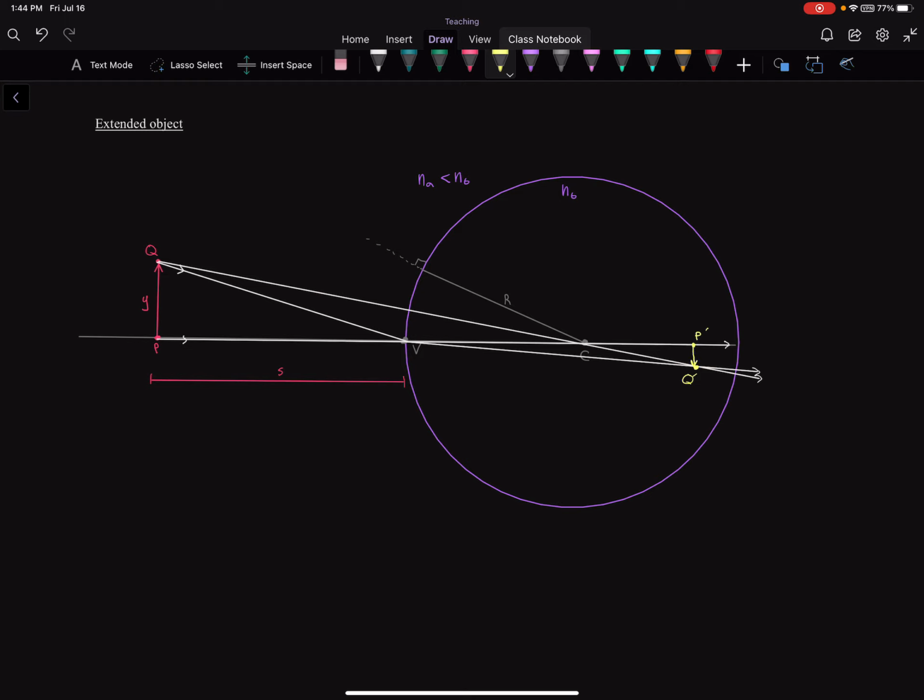So we have a situation like this, and the height of the arrow is going to be y prime. And we have an image distance from the vertex to where that arrow is, always with our ketchup and mustard here.